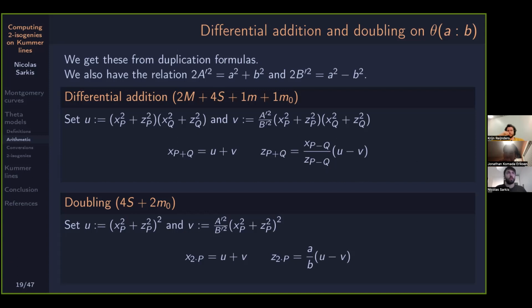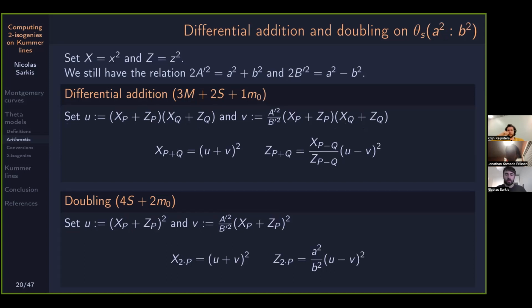One thing to notice is that it may be better computationally to store the squares. Because in the differential addition you have 4 squares to compute, but if you store the squares of the x and z coordinates of P and Q instead of the plain coordinates, you can improve the arithmetic a bit.